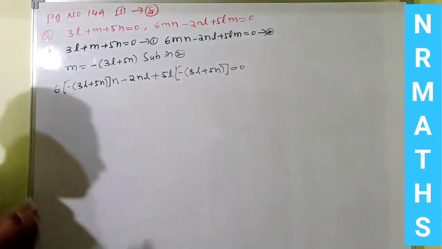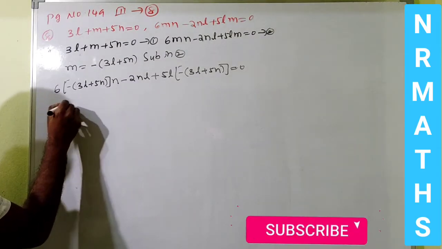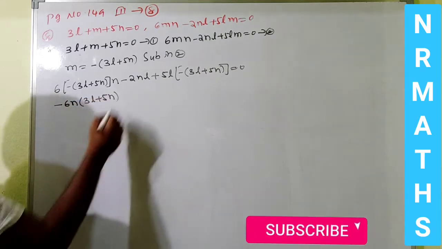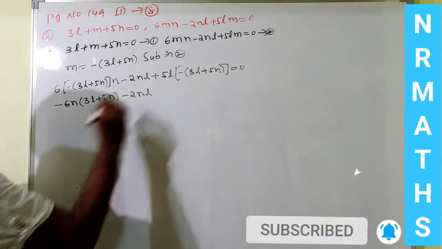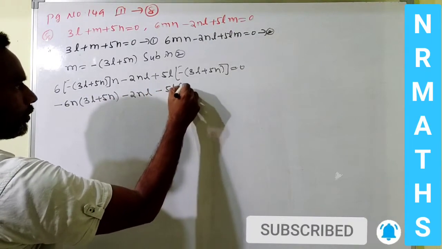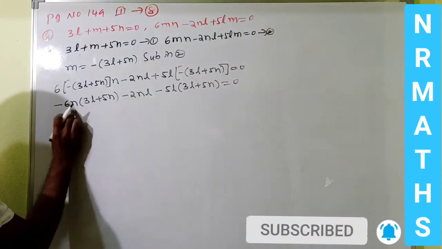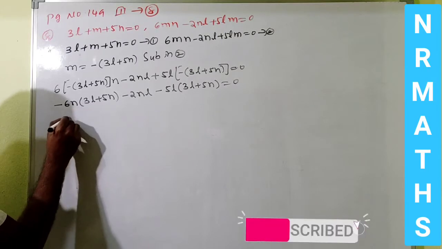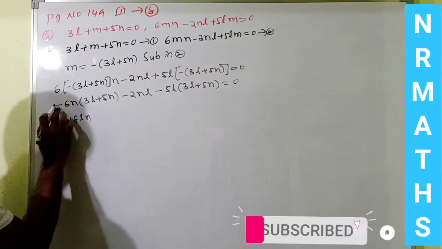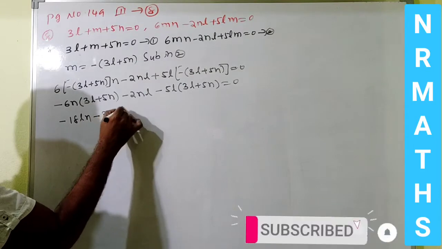Now simplify: minus 6N into (3L plus 5N), minus 2NL, minus 5L into (3L plus 5N) is equal to 0. Multiply: 6 into 3, minus 18 NL, and minus 6 into 5, minus 30 N square.